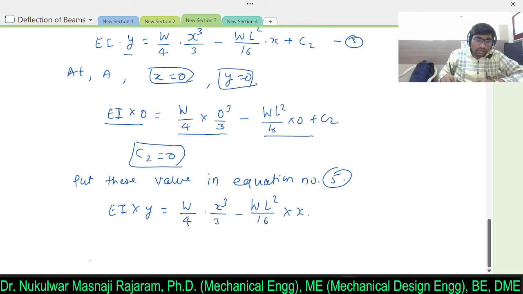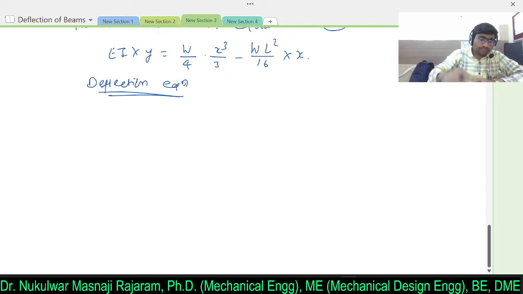Simple. Now this above equation is known as the deflection equation. Simple. So where will be the maximum deflection? As we have seen, deflection at A will be 0, deflection at B will be 0, maximum deflection we will get at the center.